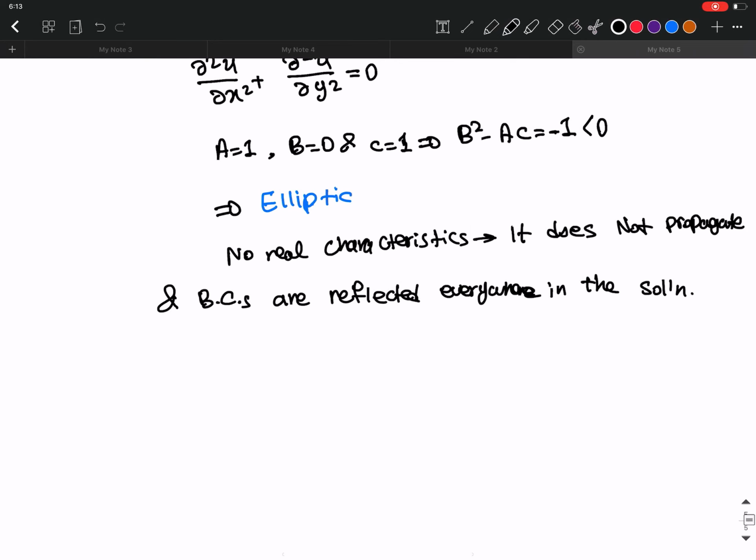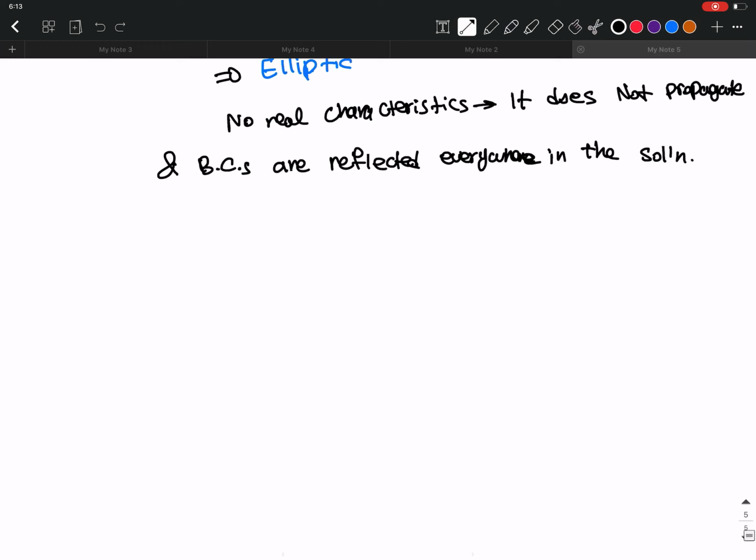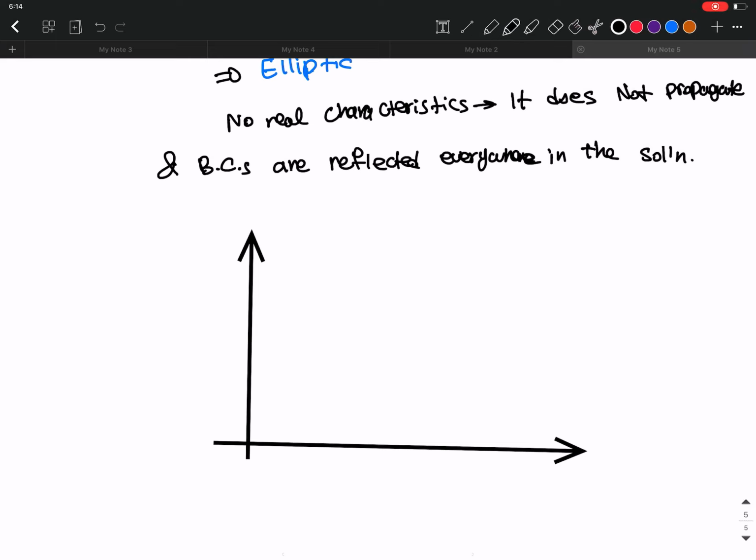Okay, so let me draw it so you understand this better, because this doesn't have any characteristics, right? So it's not like previous problems where we had characteristics, and so it doesn't have similar behavior.